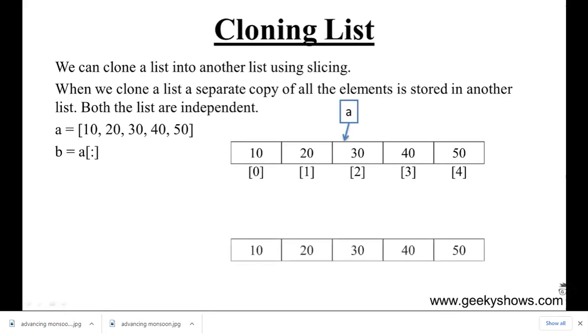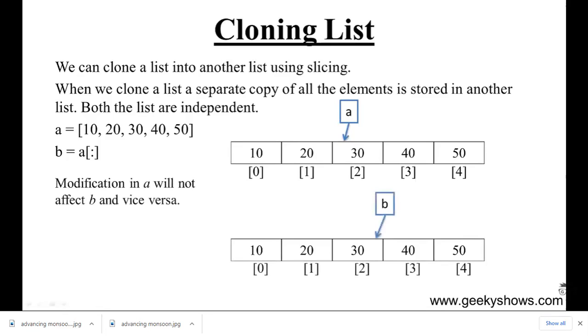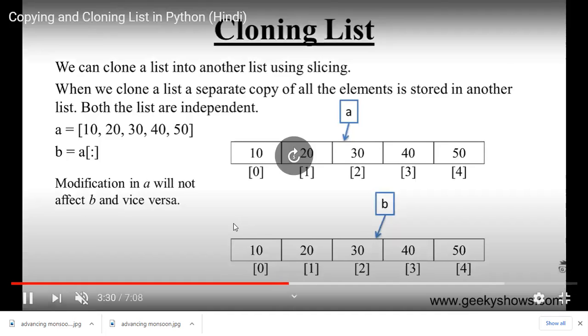So everything is going to be copied. But over here, modifications in A will not affect B and vice versa, because we have used the slicing method. If slicing was not there, then the changes would affect both the places.